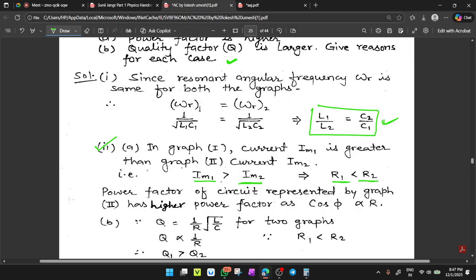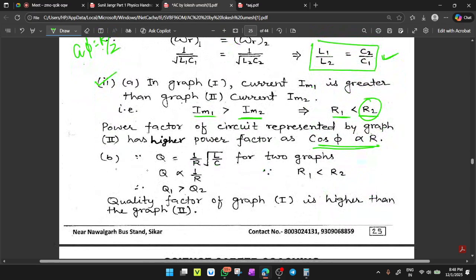That means R1 will be lesser, and cos phi equals R by Z. Clear? As cos phi is proportional to R, for a higher value of resistance, a higher value of the power factor will be there. So the second circuit has the higher value of resistance, and for the second diagram the higher power factor will be there, as cos phi is proportional to R.